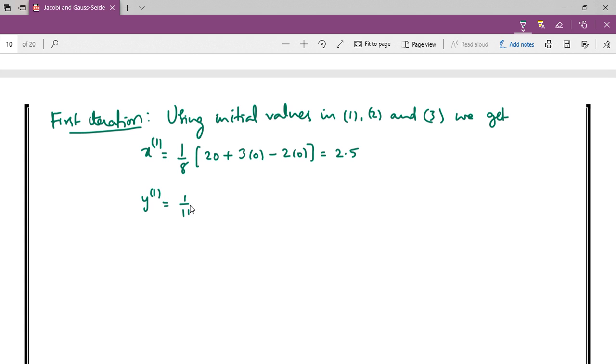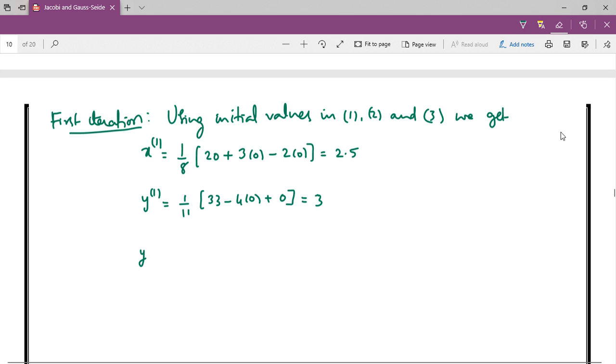So y1 is 1 by 11 into 33 minus 4 into 0 plus 0. See, while calculating y1 I am still using x0 and y0, because we are dealing with the Jacobi method. So we get this as 3. Next one is z1.